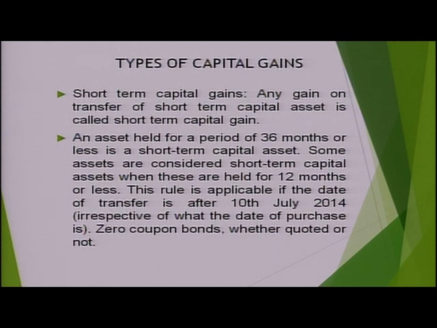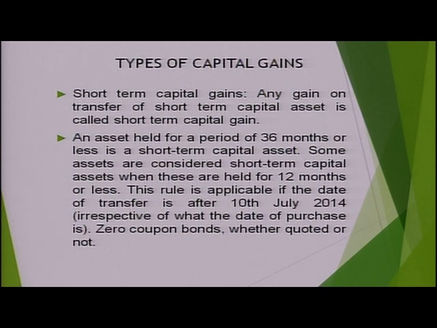So first point is that short term capital gains: any gain on transfer of a short term capital asset is called short term capital gain. An asset held for a period of 36 months or less is a short term capital asset.